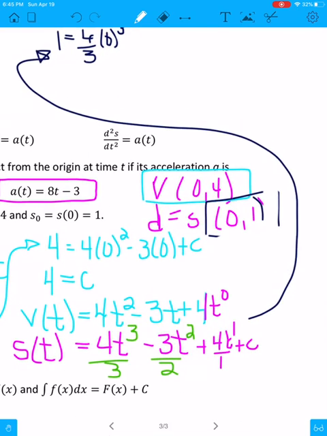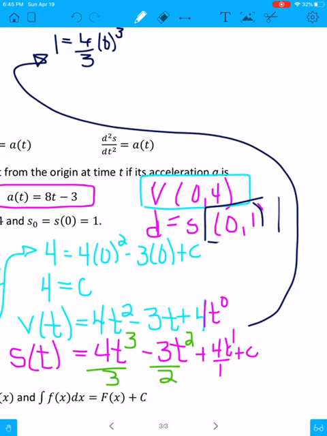His writing's beautiful. Minus 3 over 2 times 0 squared plus 4 times 0 plus c. These are all going to cancel because they're going to be times 0. So c equals 1.